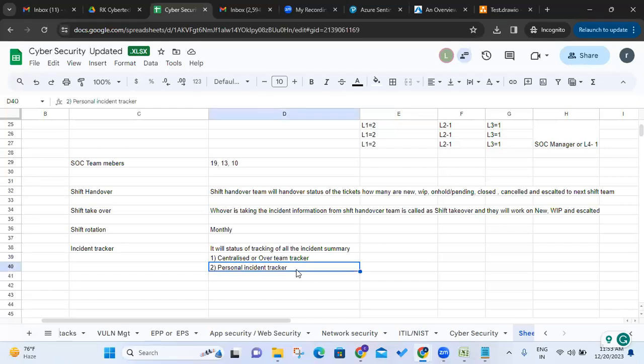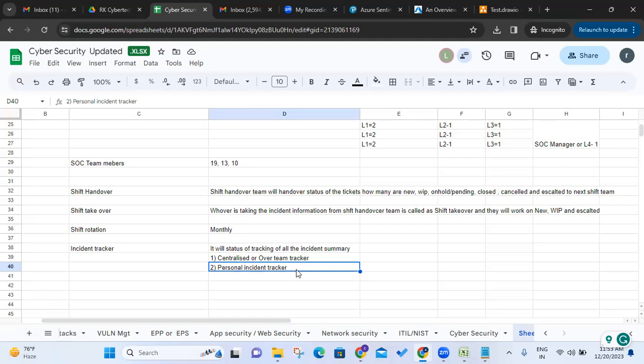Why do we have to maintain a personal incident tracker? Basically at the time of the appraisal, when I say appraisal, it's a hike. Year on year, they give some hike based on your performance and company performance. If you maintain this incident tracker, it will show how many incidents you have handled overall in one year as a baseline. Second is whether your SLA was crossed or breached.